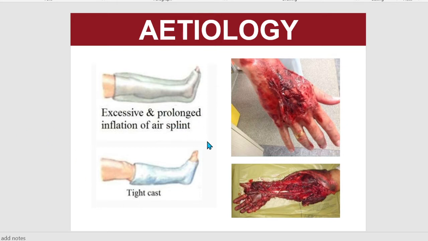If the prolonged increase of pressure within the fascia is not released, this is what will happen: tissue death, and it will lead to amputation also.